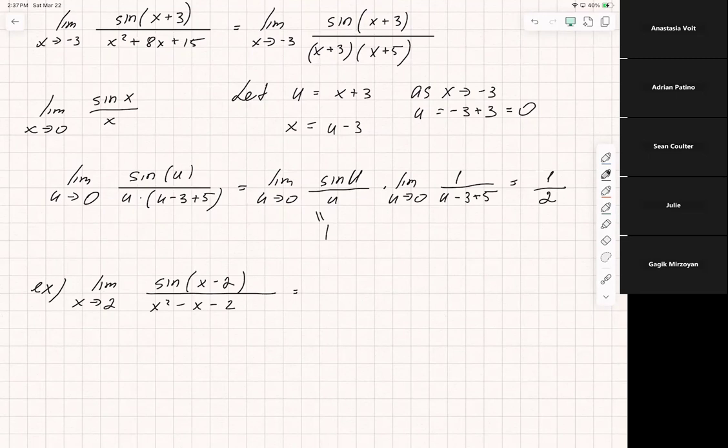So first we will deal with the denominator, and then maybe do some substitution if needed. We have limit as x approaches 2 of sin(x - 2) over (x - 2)(x + 1).